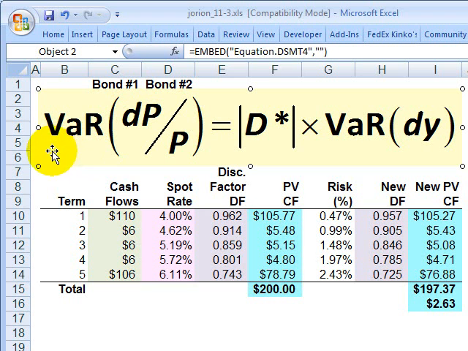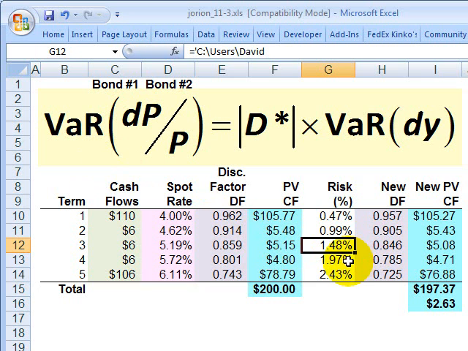So the returns VAR here on the left is a function of the absolute value of modified duration multiplied by the yield VAR. This column here, risk percentile, corresponds to the left-hand side here, what we will call the returns value at risk. What does it mean?